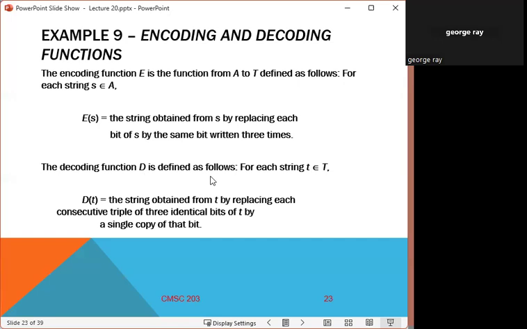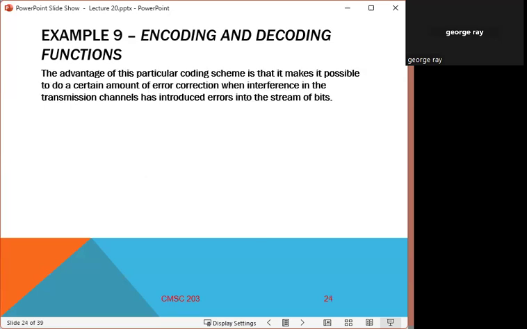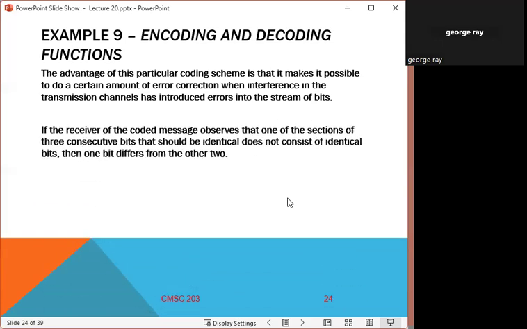And then you have a decoding function that takes the string T, which has been transmitted over the line, and you're going to replace the consecutive triples with a single copy of what's in those triples. So there's some amount of error correction that can be done when you're transmitting over noisy communication channels, and that's the value of that stream of bits.